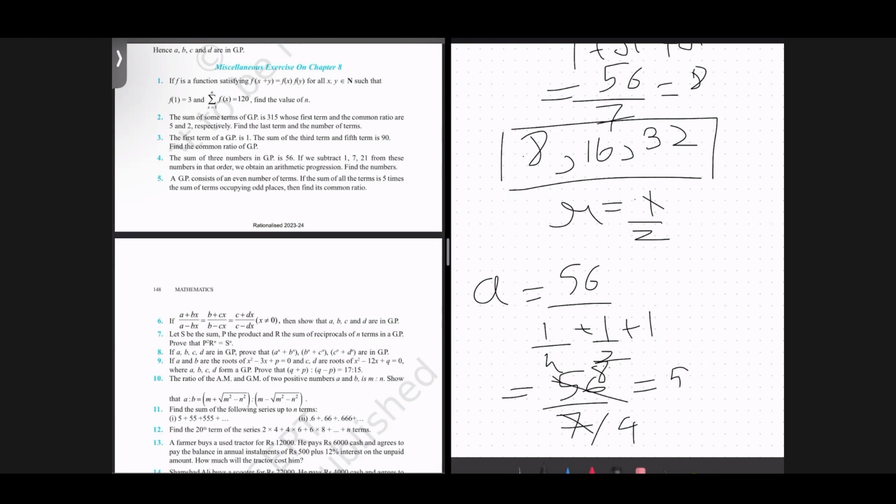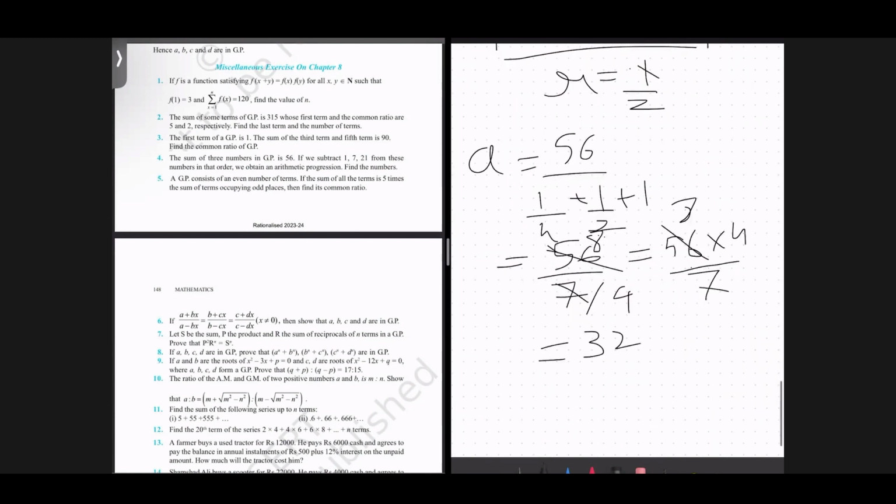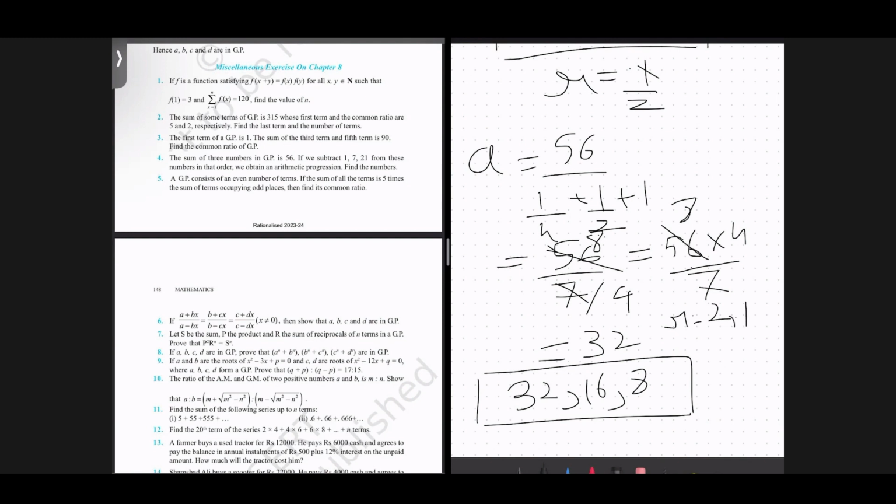So you have 56 into 4 upon 7. This gets cancelled, and this finally becomes 32. So your terms at the end are going to be 32, 16, and 8, which are the terms for r equals 2 as well. So the terms are going to be the same, 8, 16, and 32. The common ratio can be 2 or the common ratio can be half, right? That is your final answer.